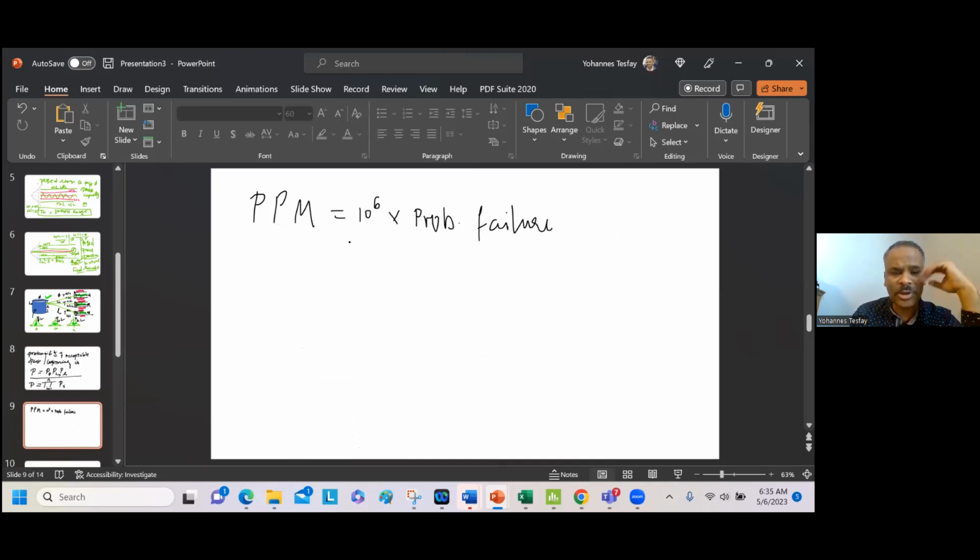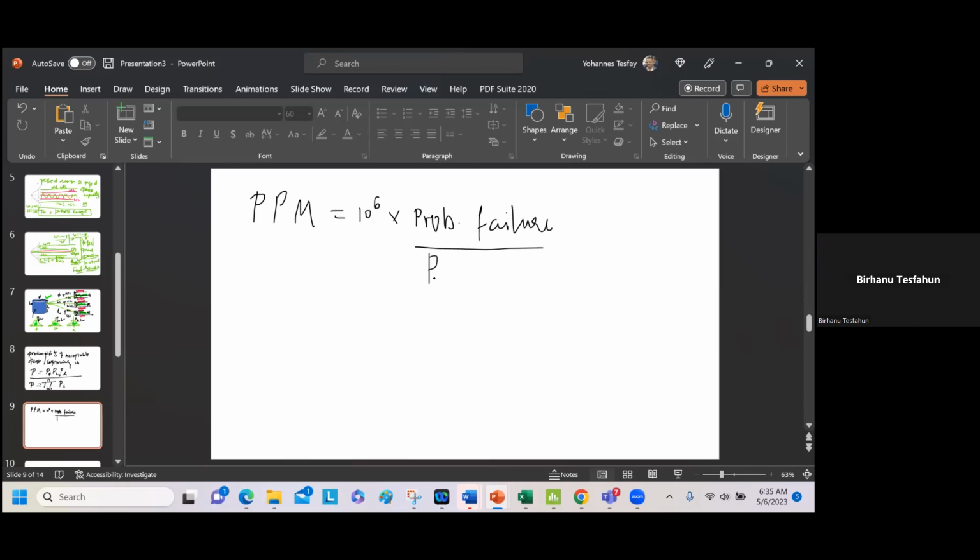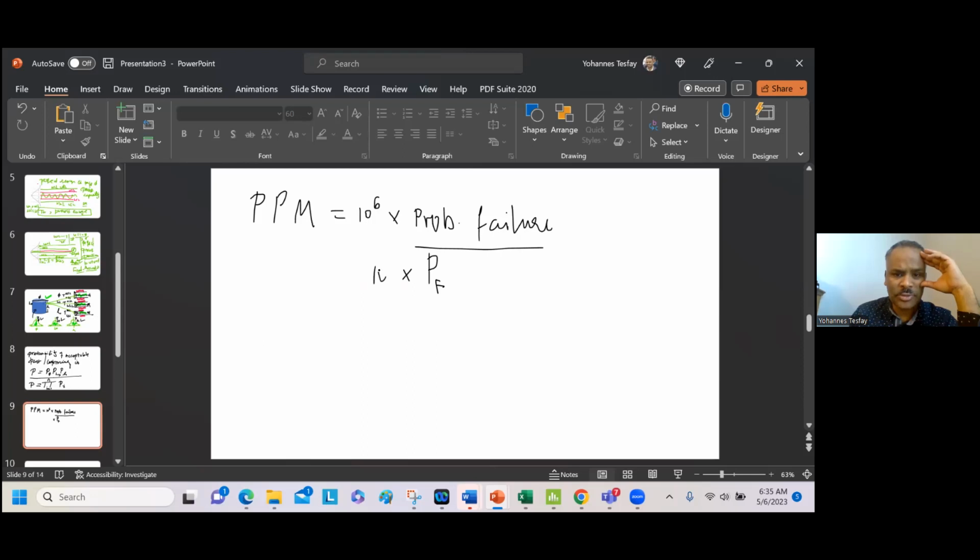Or non-conforming. So when you divide this one by 10 to the power of 6, you find this probability of failure. 10 times 10 to the power of 6, that is ppm, parts per million.